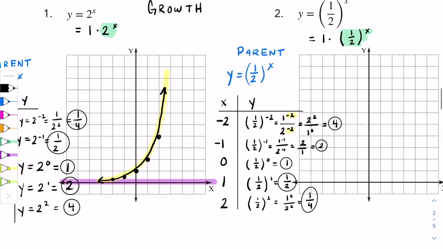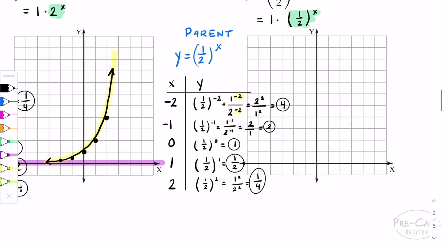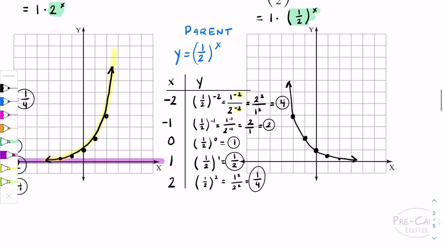Once we plot all these points, we plot a point at (-2, 4), (-1, 2), (0, 1), (1, 1/2), (2, 1/4). Our horizontal asymptote is at y = 0.